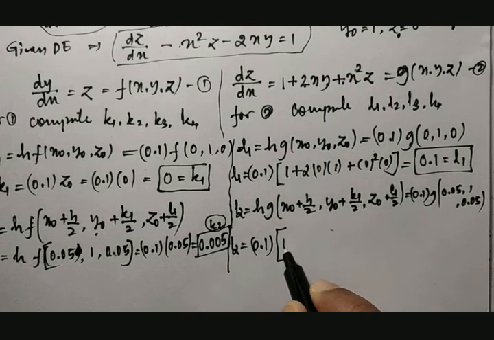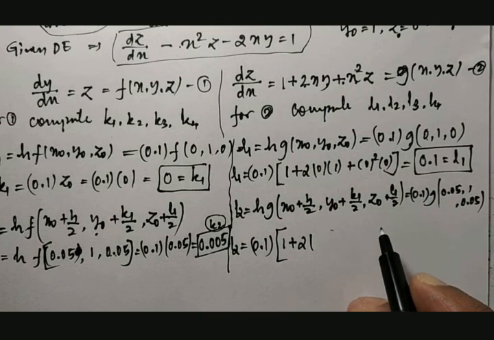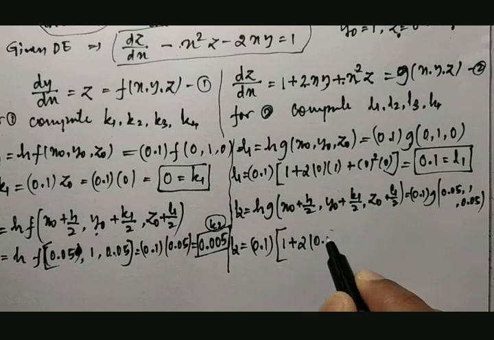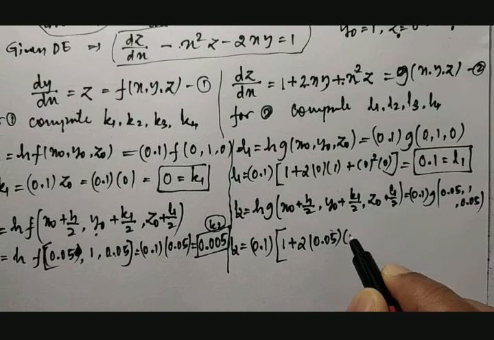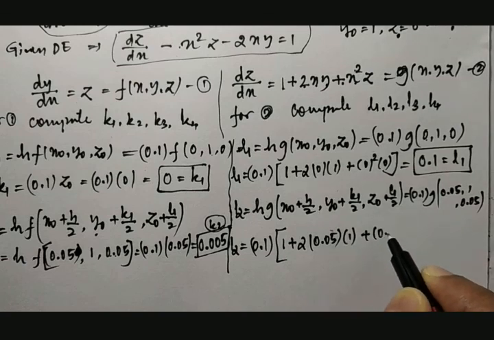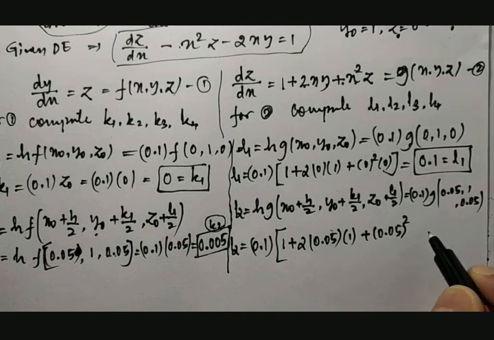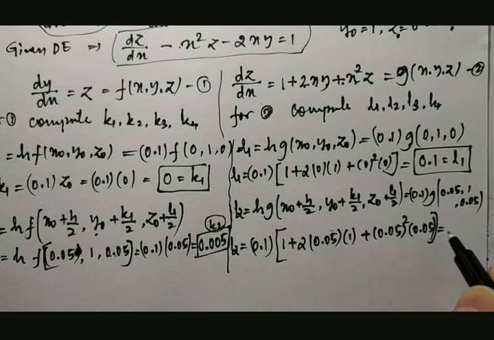So it is 1 plus 2 times 0.05 into 1, plus 0.05 square into 0.05. Calculate.